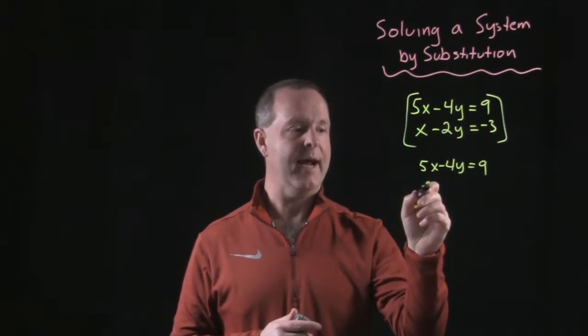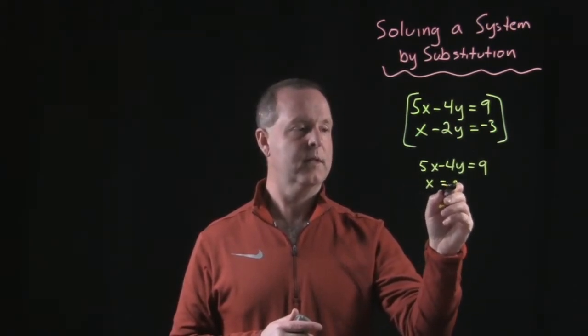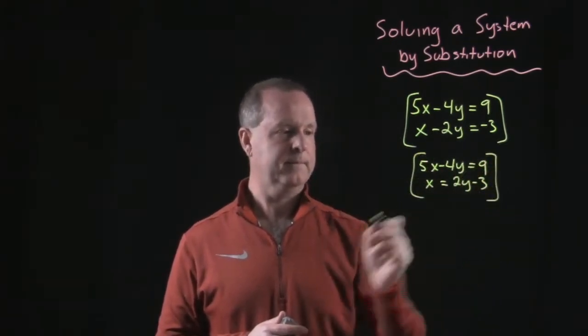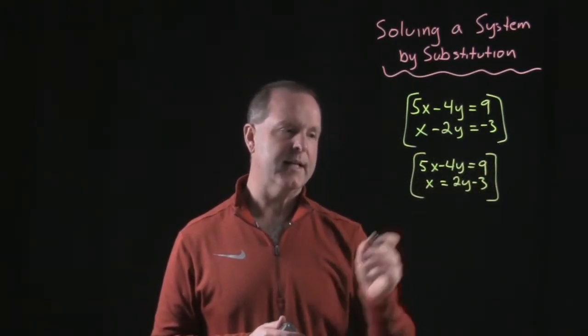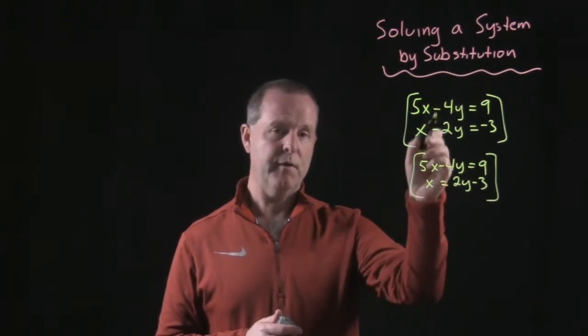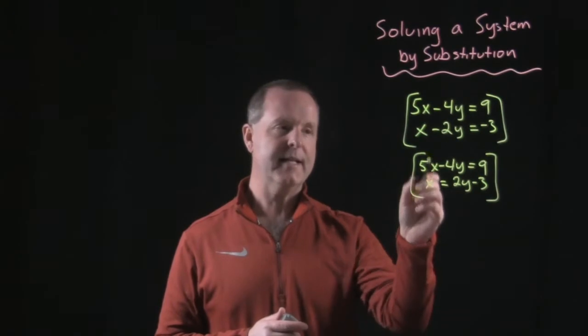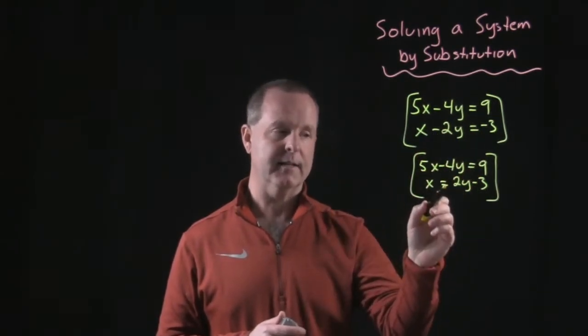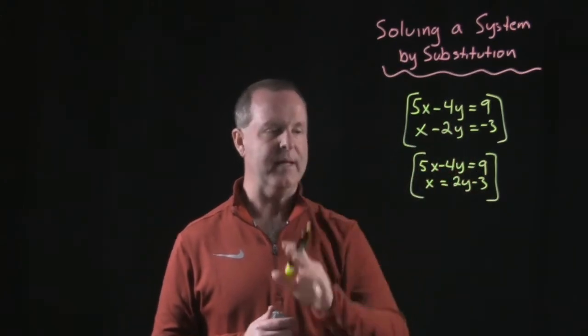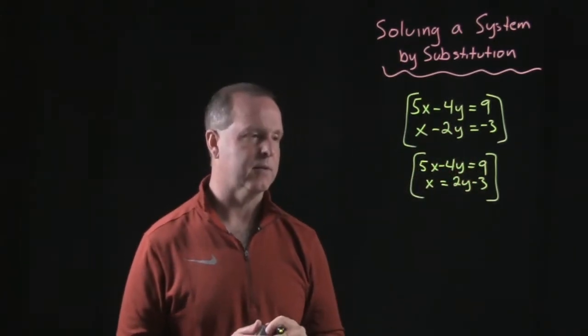So then I'm going to get x equals 2y minus 3. Basically, I have an equivalent system. Both of these are equivalent. All I did is add 2y to both sides. But I wrote the entire system down because I think that's going to be a helpful pattern to get used to.